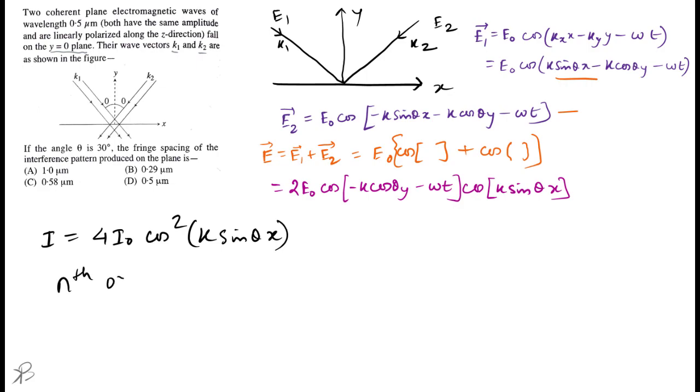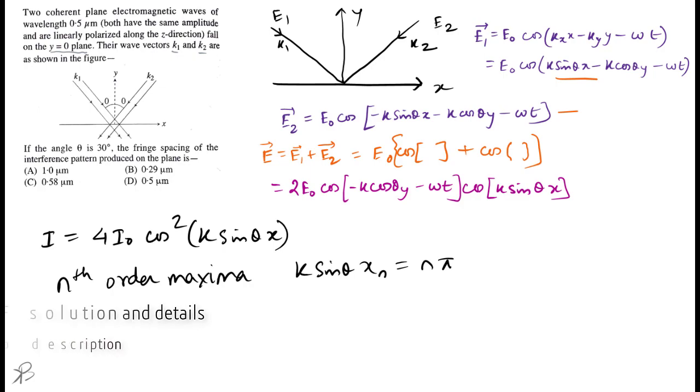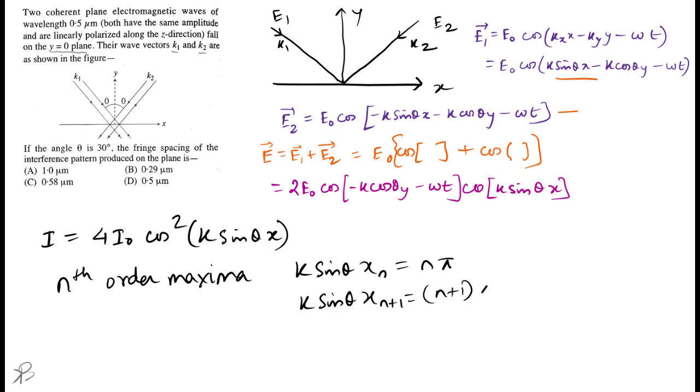For the nth order maxima, we have k sine theta x_n equal to n pi, right, for the nth maxima. And for n plus 1, we have k sine theta x_(n+1) equal to (n plus 1) pi.